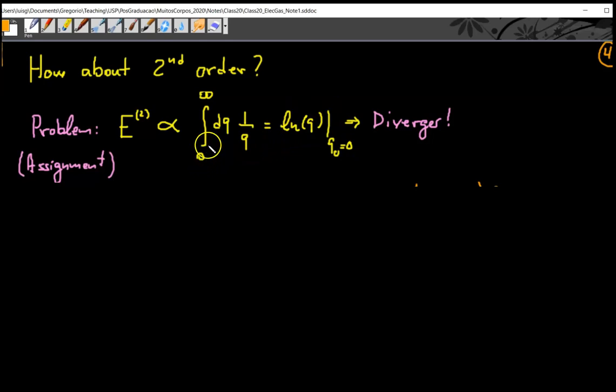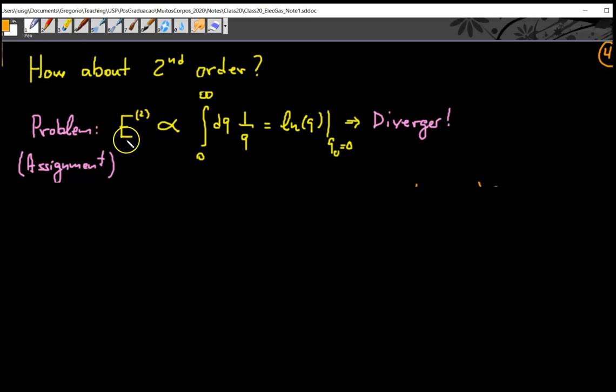Essentially, you end up with integrals like this, from 0 to infinity of dq over q, which gives you log of q, which for q equals 0 diverges. So that's not good. It means that this second order contribution in perturbation theory is actually exploding in our face.